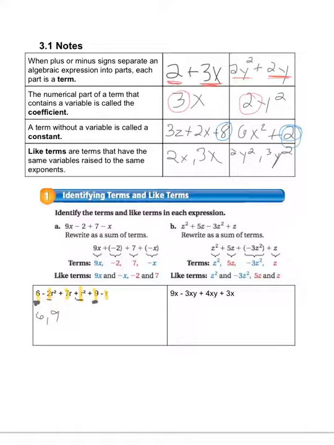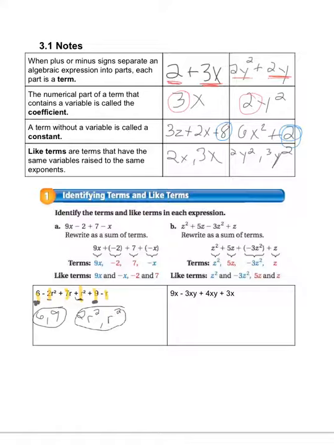And then I come across r squared. R squared has the same variable r and it's raised to the same power, 2. So 2r squared and r squared are like terms. I'm going to circle them to show that they are like terms.